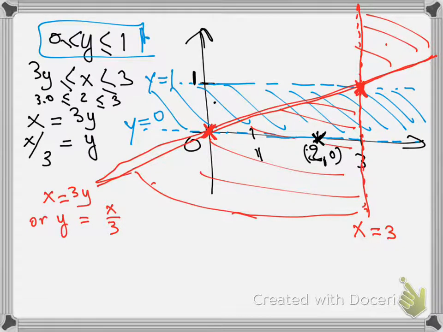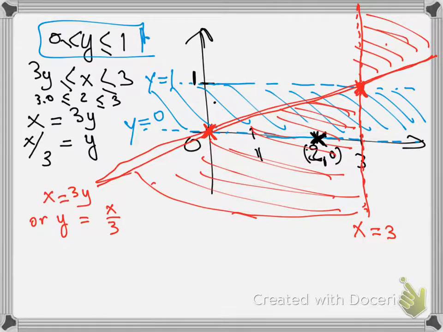Yes. So this point belongs to my region. That's why I take this red region between these two lines, not the others. So you can just pick a point and check that its coordinates satisfy the inequalities. That's why I get this red region that corresponds to this inequality.